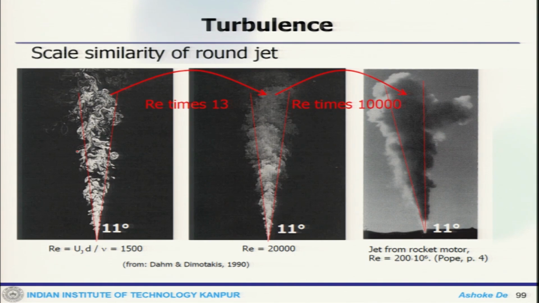Now, this will give you an idea about the scale similarity of the round jet. Here the Reynolds number is 1500, here 20,000, this is 200 million, and again the similarity means there will be similarity of the large scale structure, but once we go from this side to this side, the range of small scale structure actually increases.